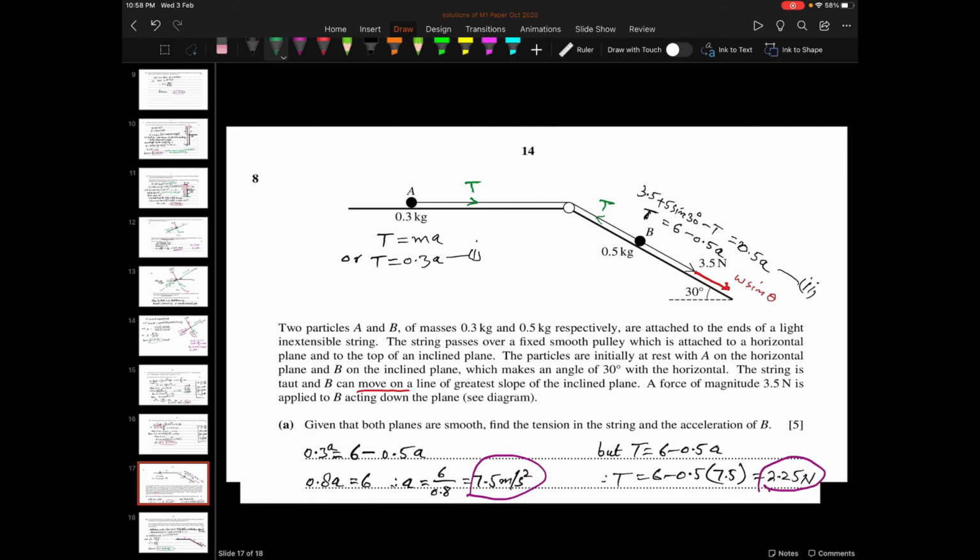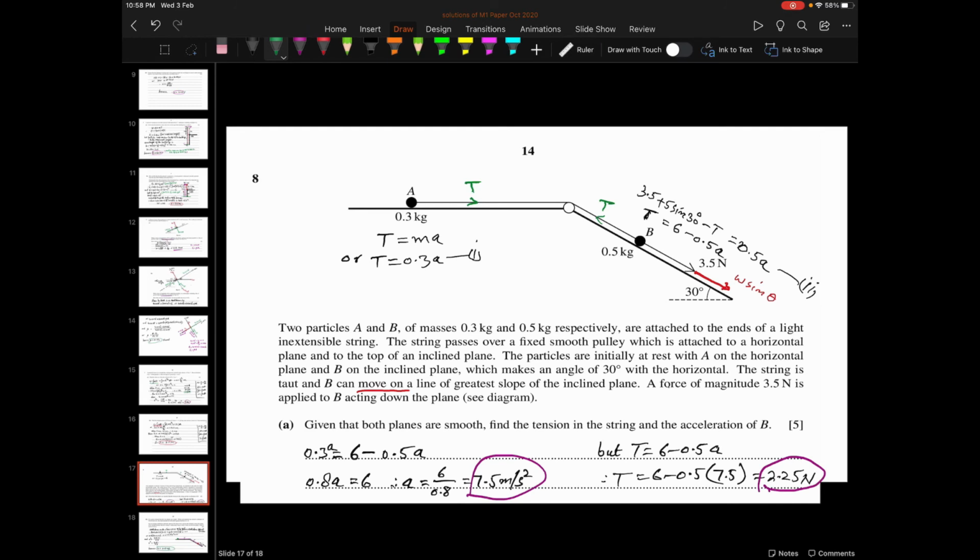So we use here Newton's second law of motion, F is equal to ma, and F is 3.5 plus 5 sine 30 degree minus T, which is equal to ma, 0.5a.